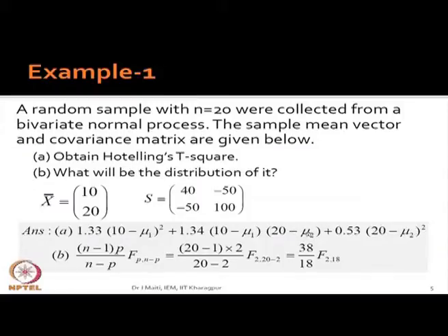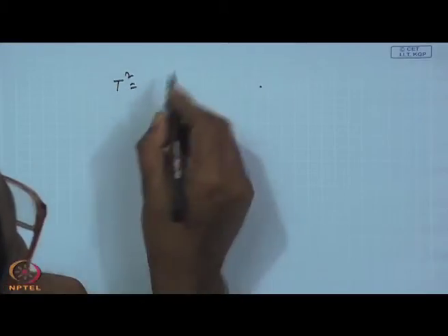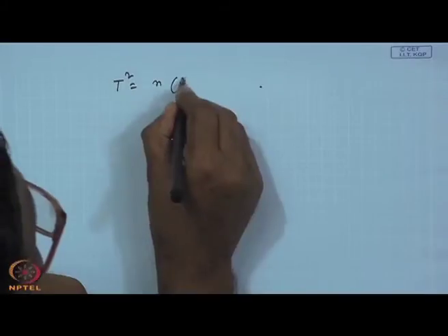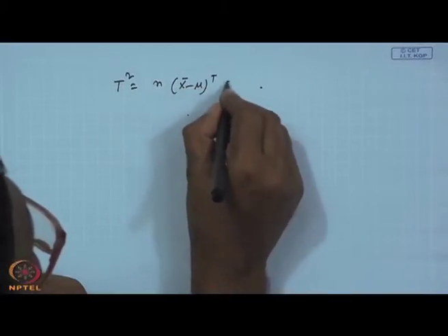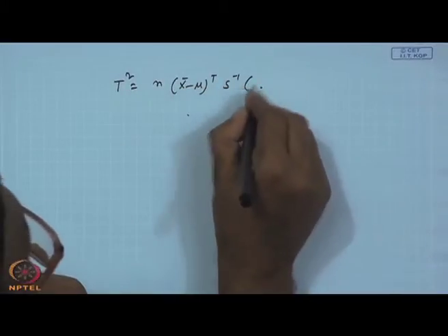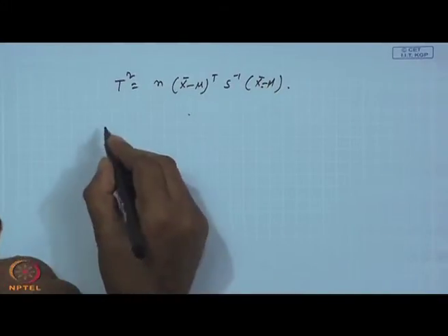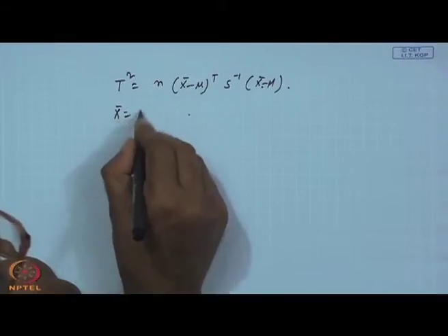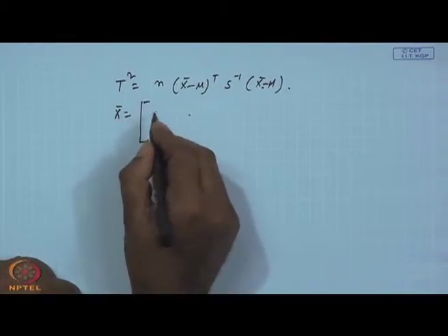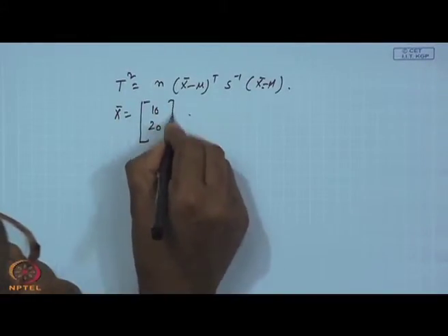For those of you who have not gone through that computation, please see what this T square is: n times x bar minus mu transpose S inverse x bar minus mu. What is your x bar? X bar is given as 10, 20.